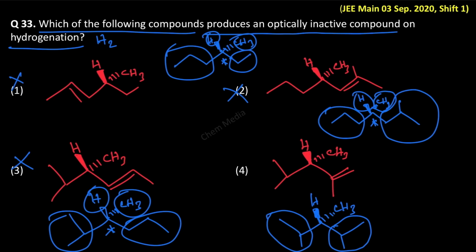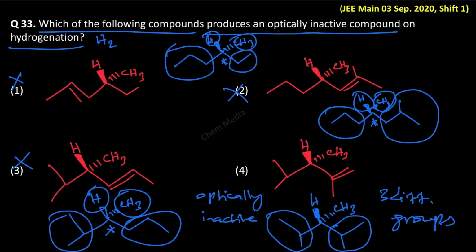Therefore in total we have 3 different groups, not 4 different groups, isn't it? We require 4 different groups so that it can become a chiral center, but here we have only 3 different groups. Therefore this is optically inactive after hydrogenation, which means option 4 is the correct choice here.